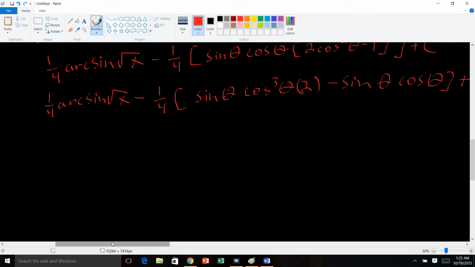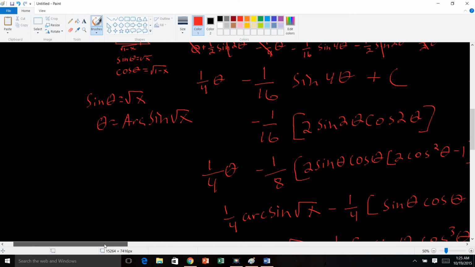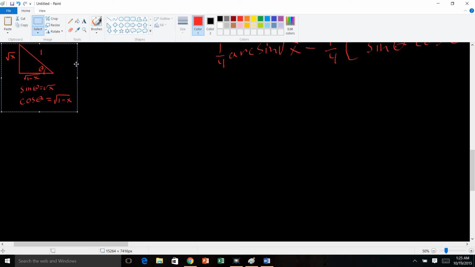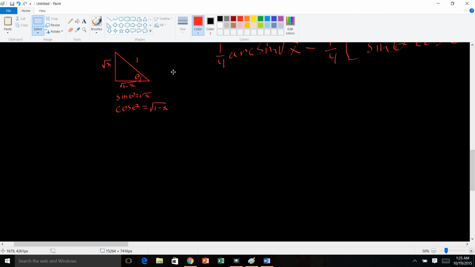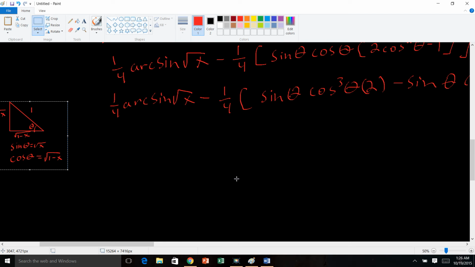Alright. Well, I already did my substitution for theta. Let's look at what sine is. Let's copy and paste this thing. So sine theta is square root of x, cosine theta is square root of 1 minus x.